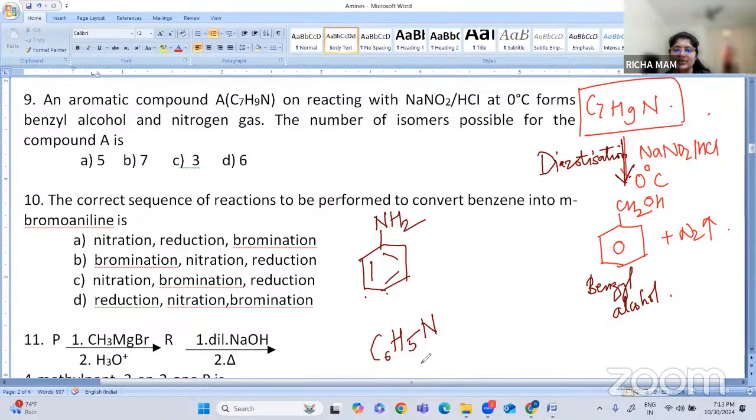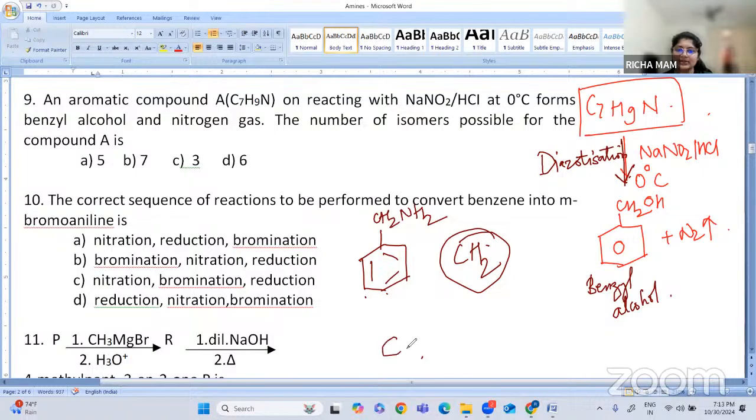Right, 7. Again, there is a CH2 group left. So can I write it as benzyl amine, CH2NH2? Now you calculate: carbon C7, H 1, 2, 3, 4, 5, 6, 7, 8, 9, and N. So this will be your benzyl amine.